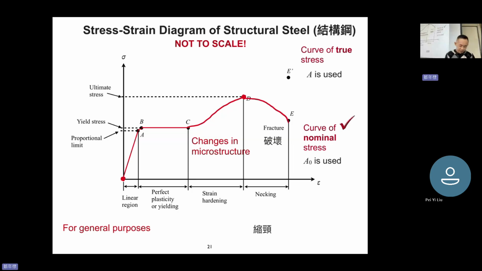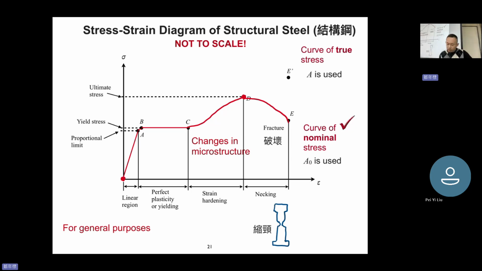Okay. And during this, necking, I believe you all saw that in the video, okay, the necking and fracture later. So I will say this curve is nominal stress because A naught is used.